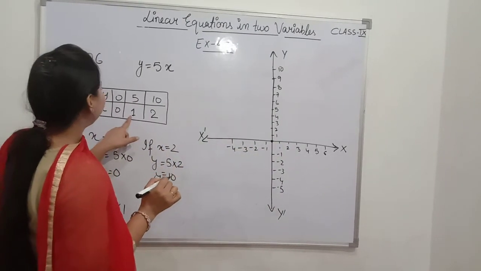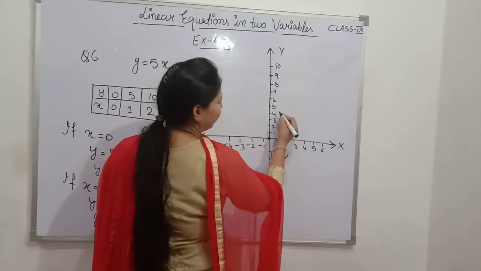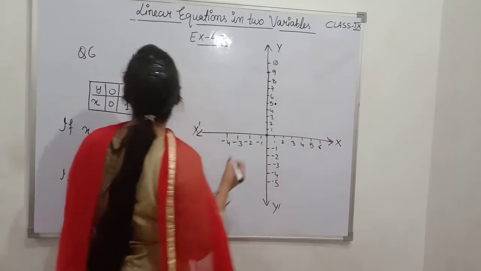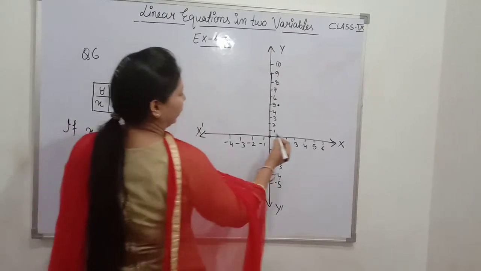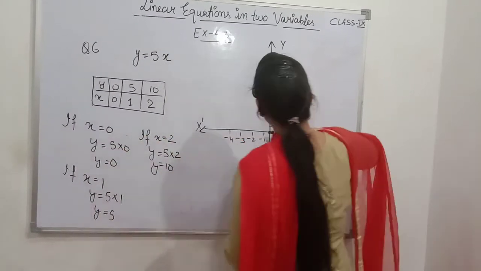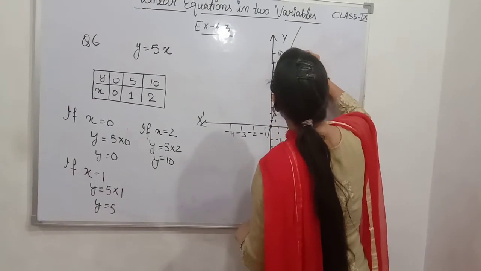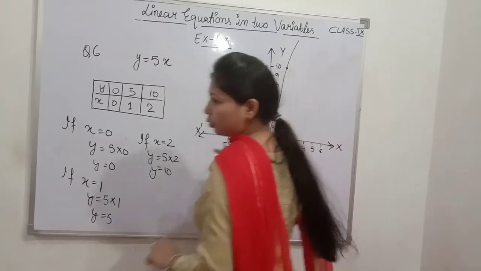Now second is x is equals to 1, y is equals to 5. x is equals to 1 and y is equals to 5. This is my second point. Now 2, 10. Now 2 and 10. This is the point. Now join this. So this is 2. Let me correct this a little.